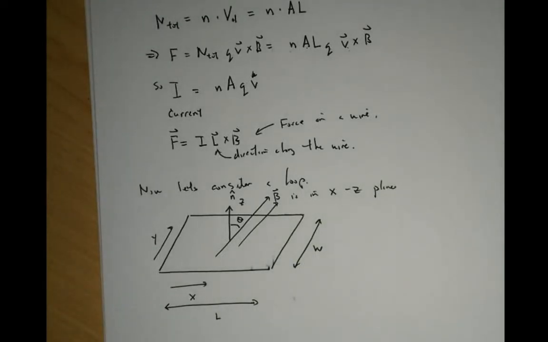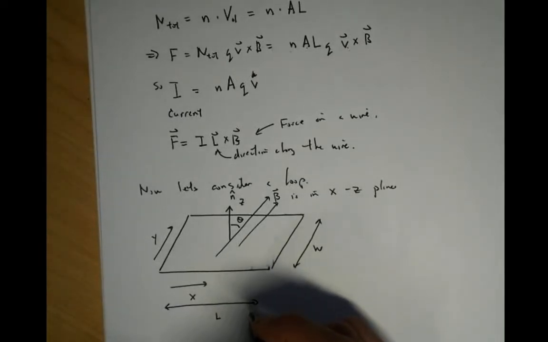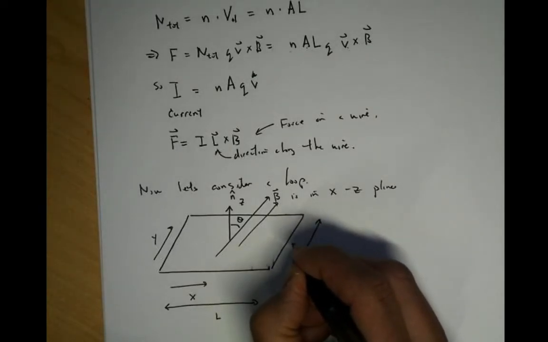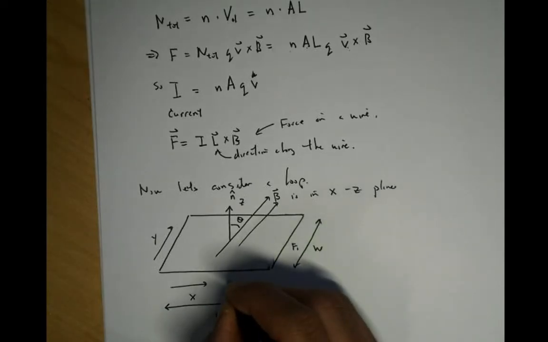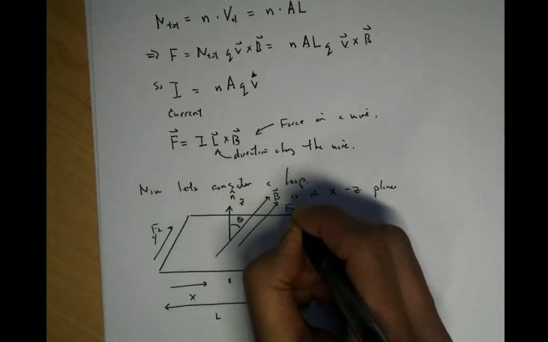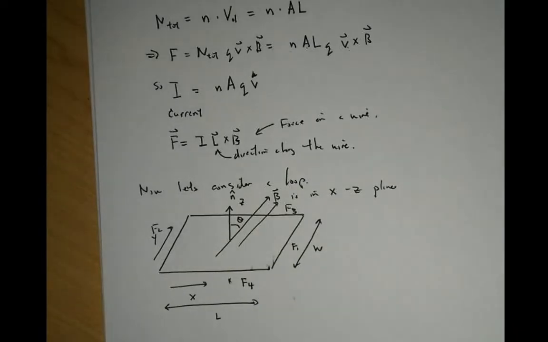So now I'm going to just consider all these different things. There's a force for the first wire, a force for the second wire, a force for the third wire, and a force for the fourth wire.